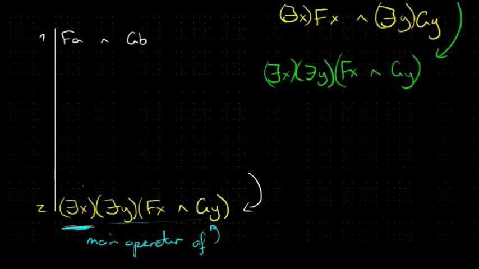So the formula before this, on line Y, is going to be this formula without this. So we're going to have EY, and then FA, and we'll have Gy. Right, so we've taken a step back. We have to take off the main operator EX, and that takes us a step back.